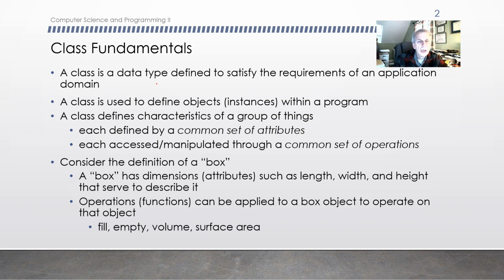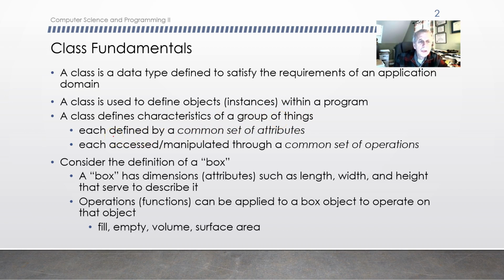We then instantiate objects. So a class is used to define the subsequent objects or instances that will be used within a program as we manipulate these representations of real-world entities. Now, when a class is defined, it describes characteristics of a whole bunch of things, a group of things.